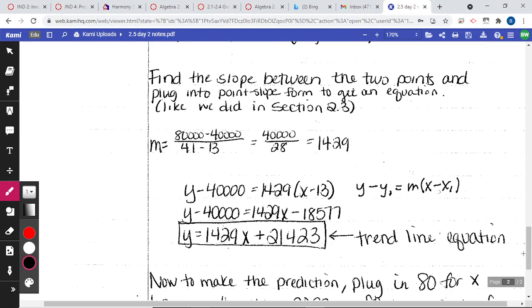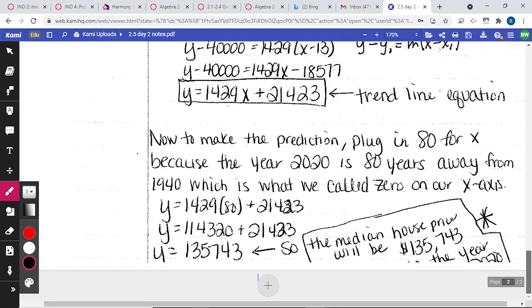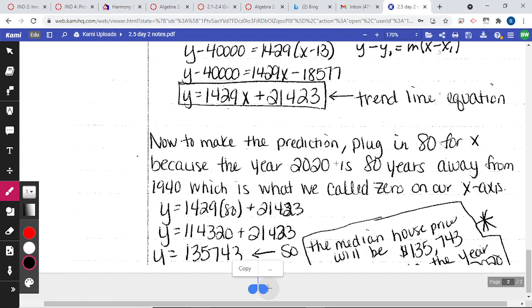So that can be used to make a prediction. The year 2020 is 80 years from 1940, right? 1940 was year 0. So we want to predict home prices in 2020. So if 1940 is 0, 2020 is 80.